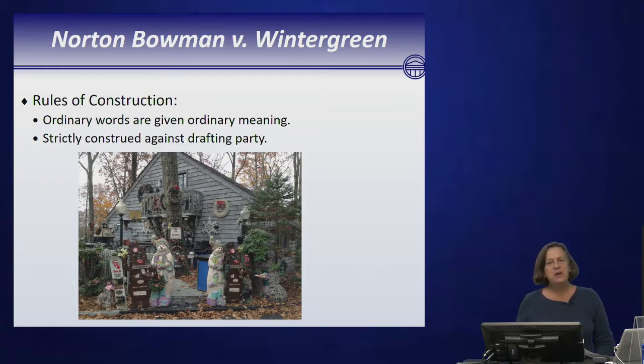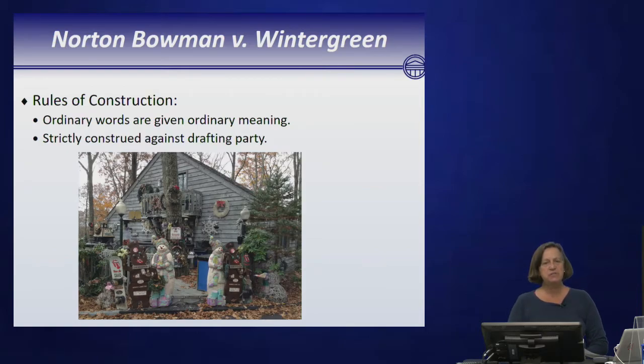Now, the Wintergreen Property Association wanted this to be construed as follows: no items which alter the exterior appearance. They're the ones who wrote the restrictive covenant, so I don't know if you remember this from contracts, but the provisions in a contract are strictly construed against the person who drafts it.